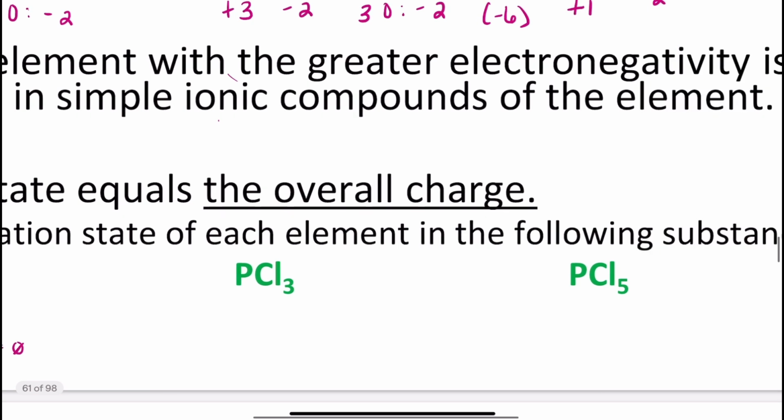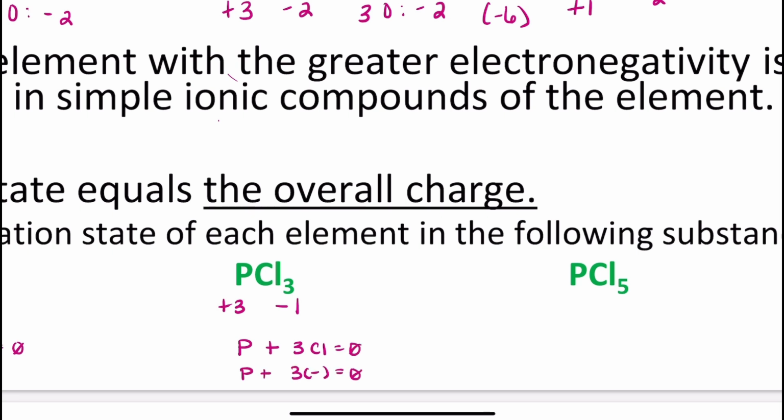How about PCl3 versus PCl5? Chlorine likes to be a -1. It is a halogen. In order for this species to be neutral, this phosphorus must be a +3. I've got 1 phosphorus and 3 chlorines that have to equal 0. This is 3 times a -1.